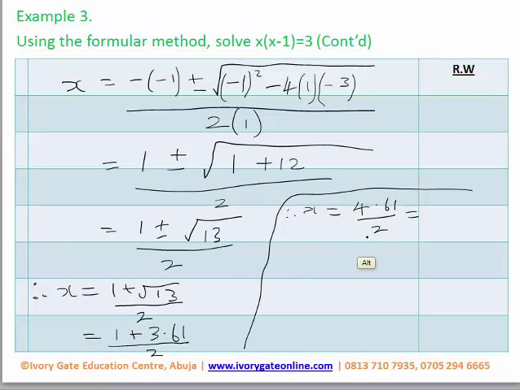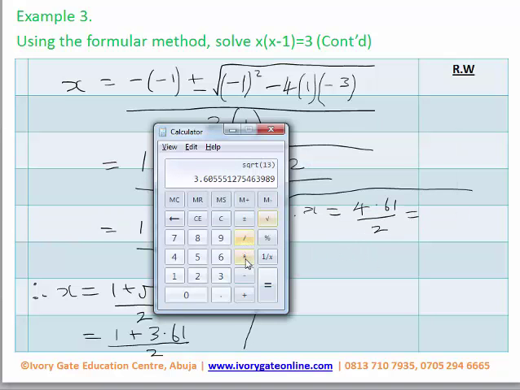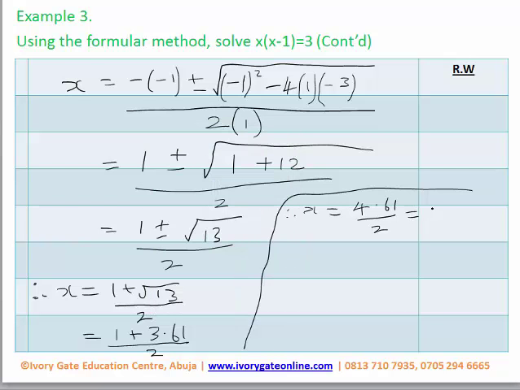So we pull our calculator again and say plus 1, this divided by 2 gives us 2.30, or 2.3 as the case may be.